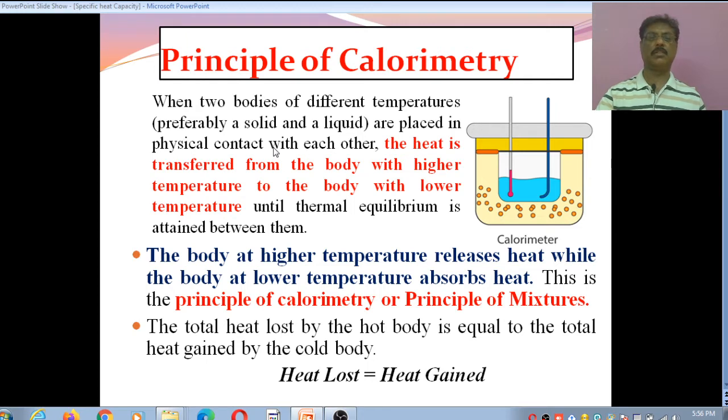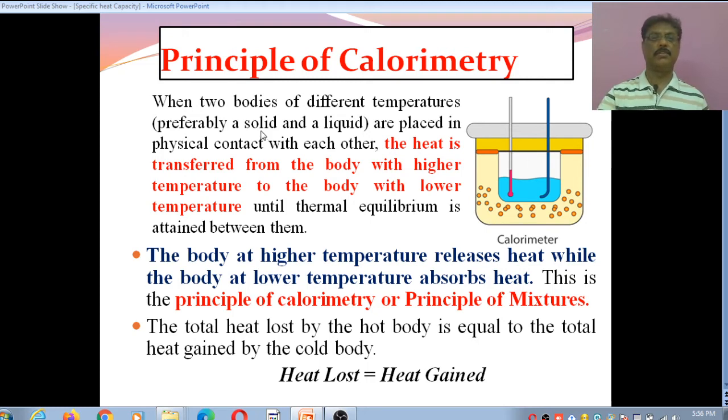Assume body A is at higher temperature and body B is at lower temperature. Then heat is transferred from the body of higher temperature to the body of lower temperature until a common temperature is reached.